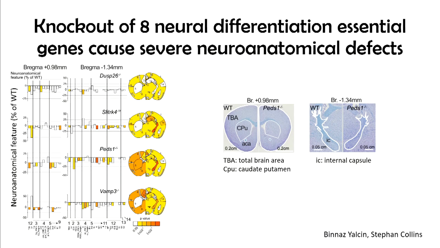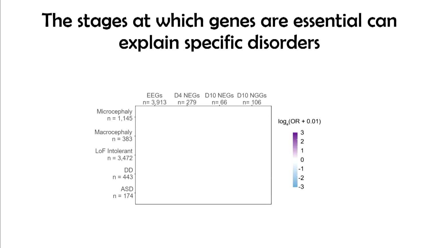So now, how does this relate to human brain phenotypes and disorders? We did a general enrichment analysis, and we found that not only are they associated, but the stage at which the genes are essential can explain some specific disorders.